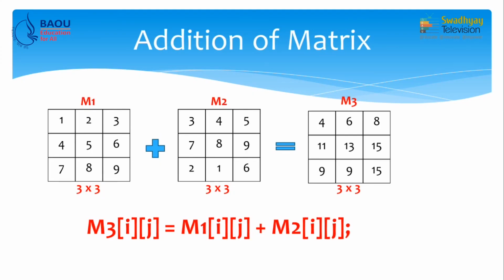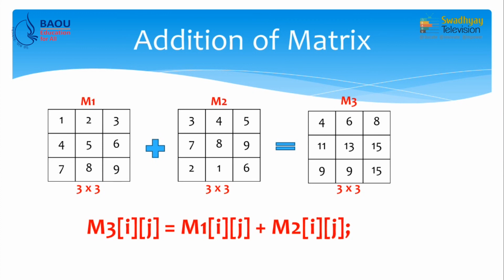Next we take one example of a two-dimensional array, where to use a two-dimensional array. For example, we want to add two matrices. Now, to add two matrices we should have the same number of rows and columns in each matrix. So, that is the condition for adding two matrices.